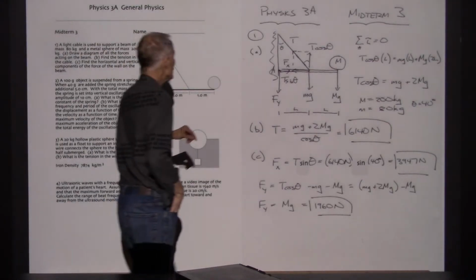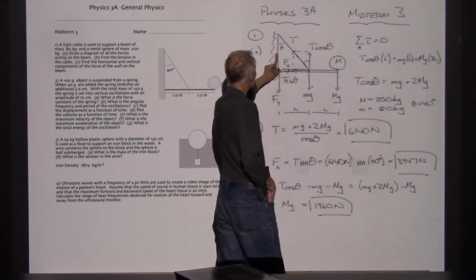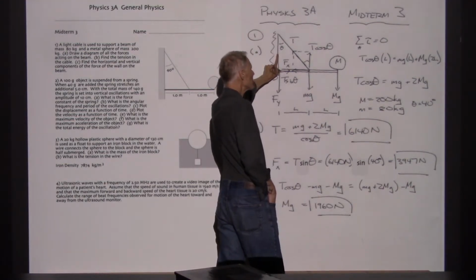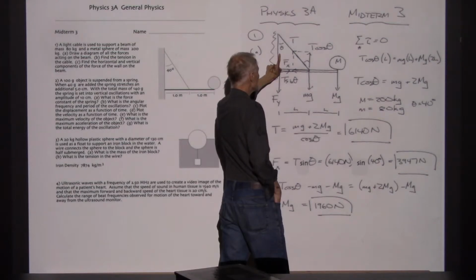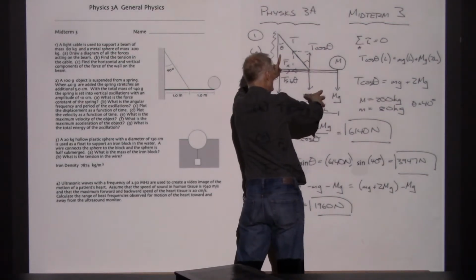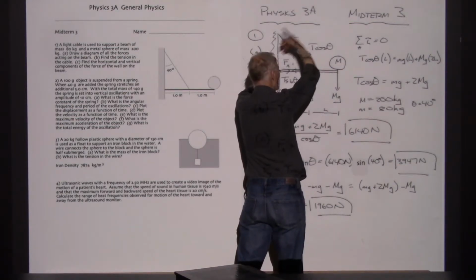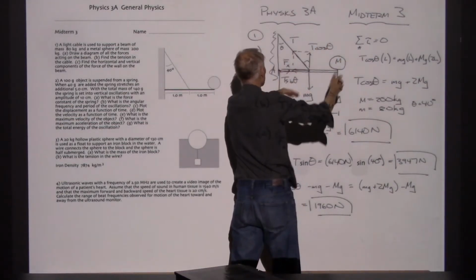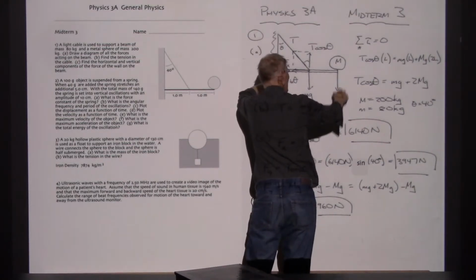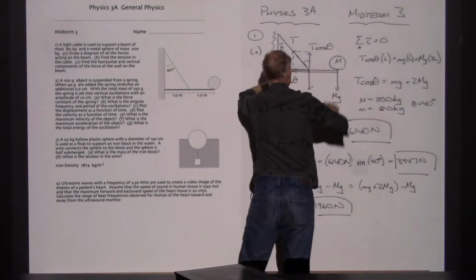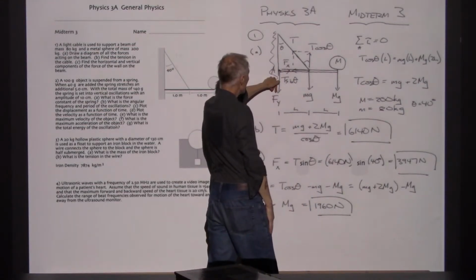Now as far as Fy, the y component of the force at the hinge point, initially when I started drawing the diagram, I thought, I want a force upwards to help support the beam. But then I took a look at my drawing and I said, but wait a minute, if there's a force upwards here, and all these downward forces over here, isn't that going to make the beam tip over? Anyway, I thought the torque from mg needs to be offset by a force here.